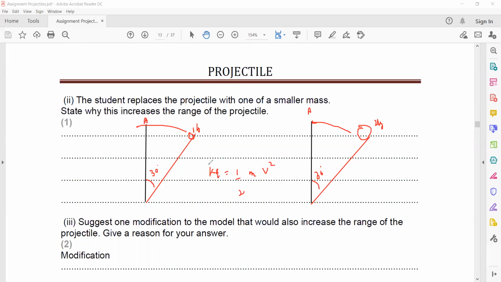The kinetic energy is the same, so kinetic energy is constant, and half is constant. So what is the relation between mass and speed? They are inversely related. If an object has a smaller mass, it will have a higher speed if the kinetic energy is the same.